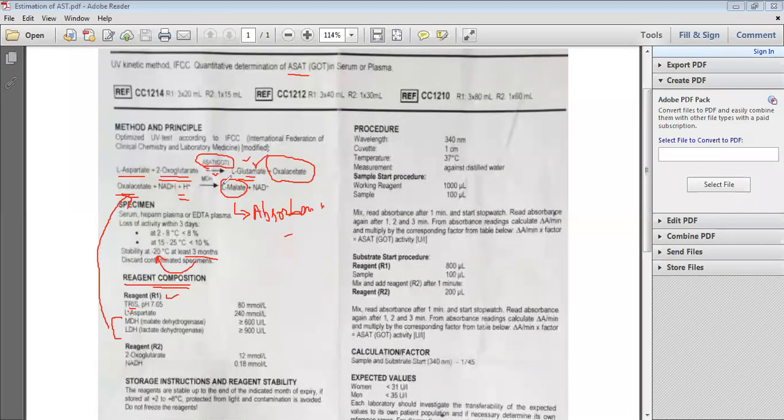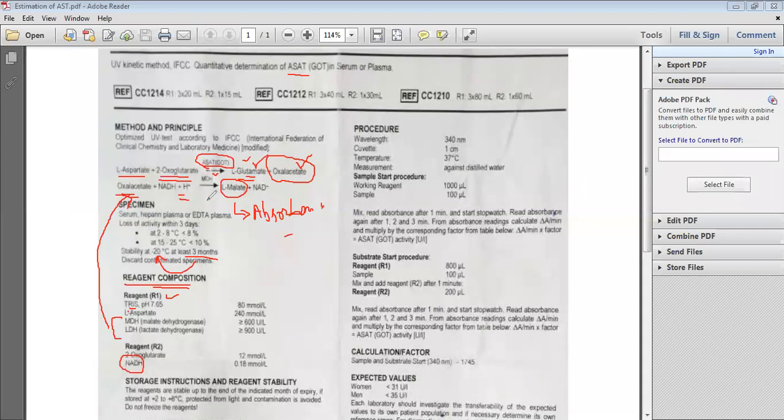So first of all, AST will be in the first reaction. AST will be utilized to produce oxaloacetate, and the substrates L-aspartate and 2-oxoglutarate will be available in the kit. So now the first reaction will be done by the serum enzyme, that is AST, and it would produce oxaloacetate, which will be further utilized, and the coenzyme available in reagent 2 would react with oxaloacetate to produce L-malate, which will be the active reagent.